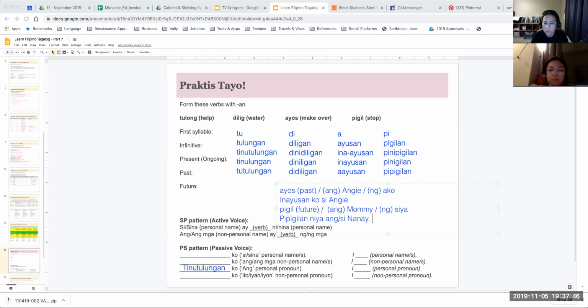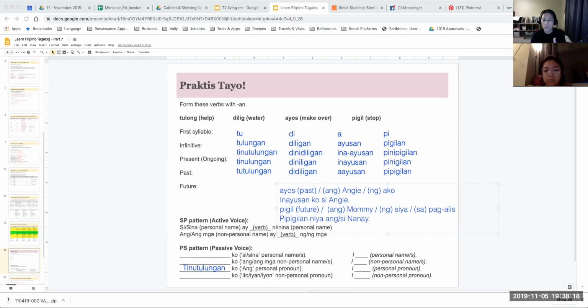Now, if we are going to put more verbs there: pipigilan niya ang nanay, and then we will put sa. We could actually put another verb there, but then we will have to use a different infix. For example, pag-alis. What is pag-alis? To leave, from leaving.